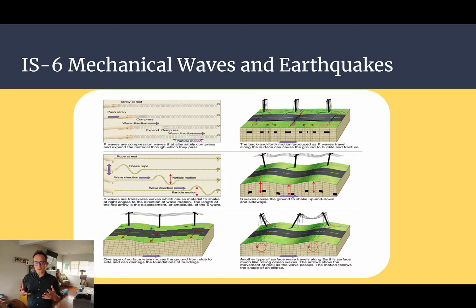So instructional segment 6, this is another one where we kind of diverged a little bit from the California framework. What we did is we essentially split. The California framework combines mechanical waves and electromagnetic waves. We've split them up into 2 instructional segments. So this one's called mechanical waves and earthquakes. As you could probably think, right, our students live in Southern California. They should probably have some understanding of earthquakes and how they work.